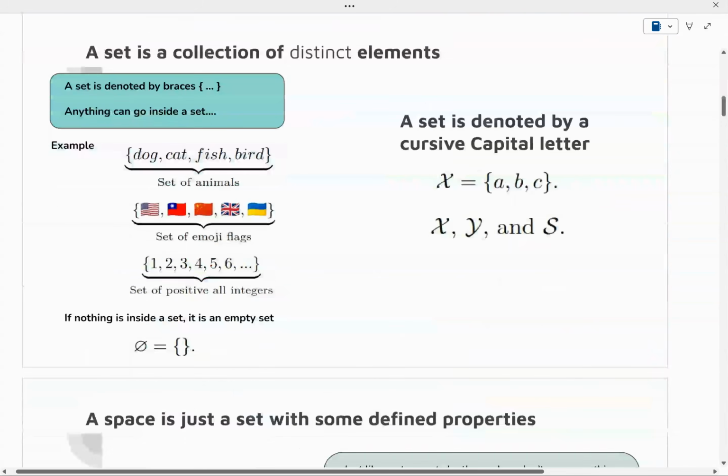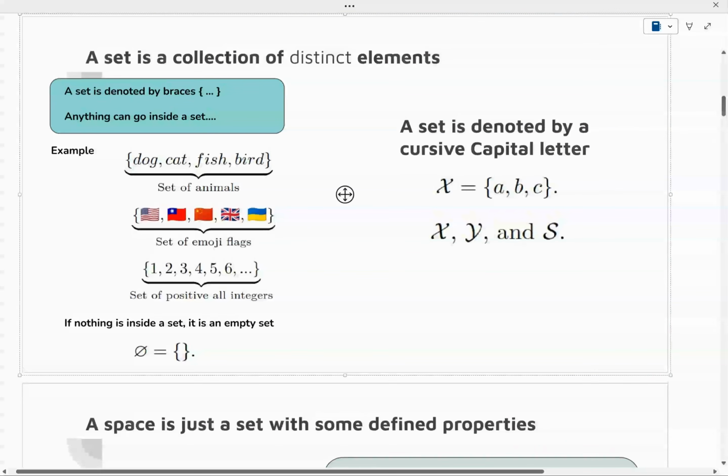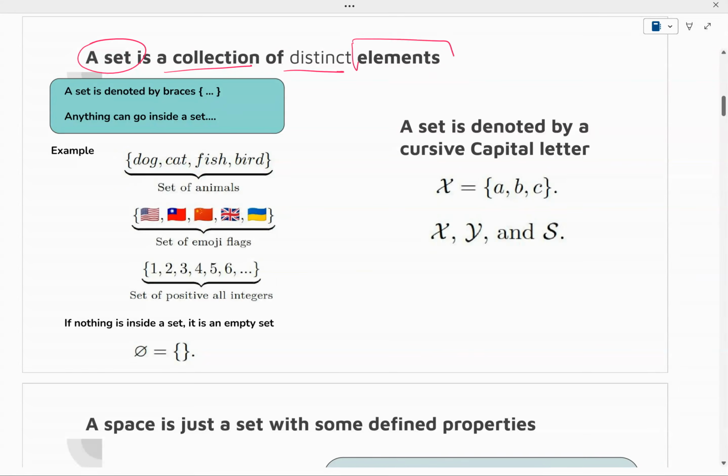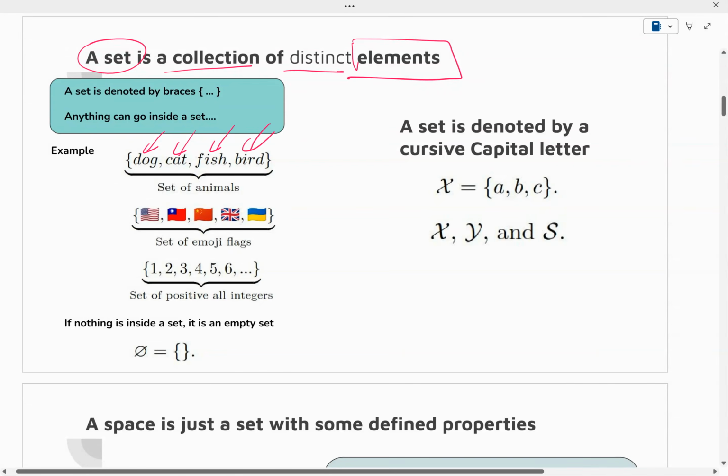So let's start with the concept of a set. A set is a collection of distinct elements. Okay? And we mathematically denote the concept of a set with braces like this. Now, anything can go inside a set. For example, dog, cat, fish, bird, a set of animals.